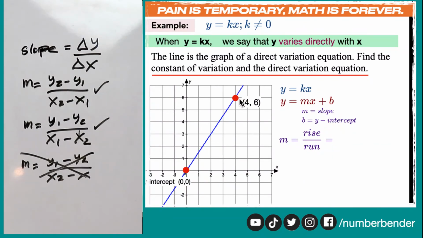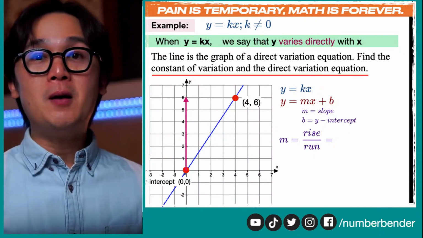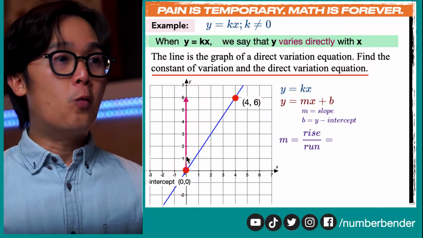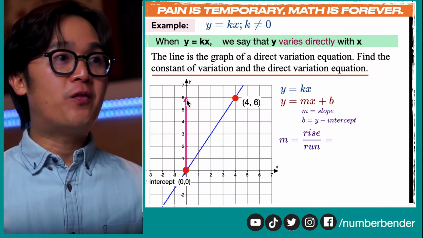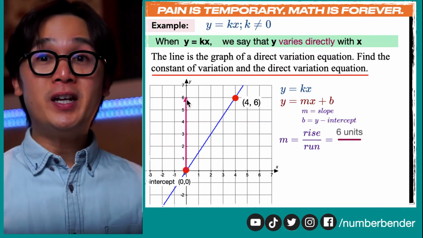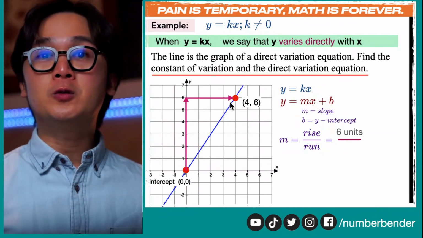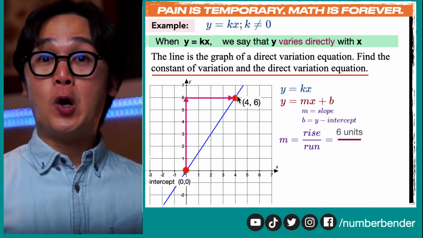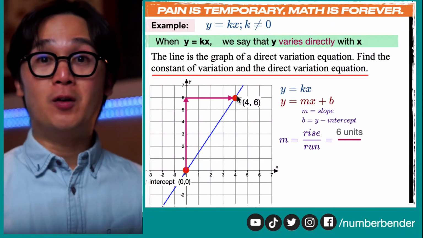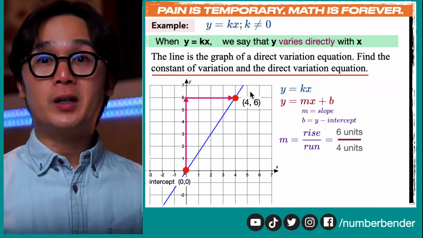So how are we going to do that? We're going to count the number of units it goes up. So we have 1, 2, 3, 4, 5, 6. So this is going to be our rise, 6 units. And our run is the number of units it will go to the right, going to the second point of your graph, which is 4 units. 1, 2, 3, 4.